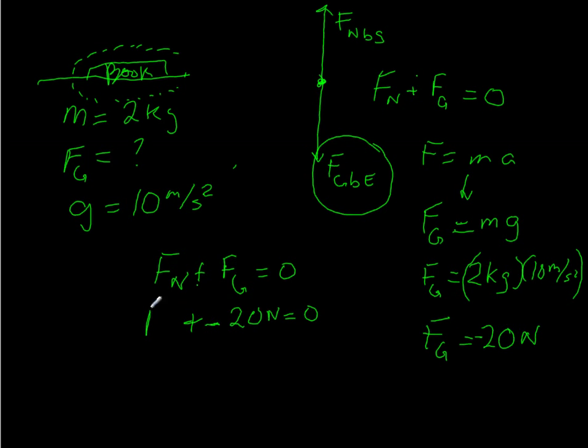I'm trying to calculate Fn, so to get this to this side, I add 20 newtons. So the normal force on the object is 20 newtons. This is how I can calculate this force if I know the mass of the object. So I hope that helps.